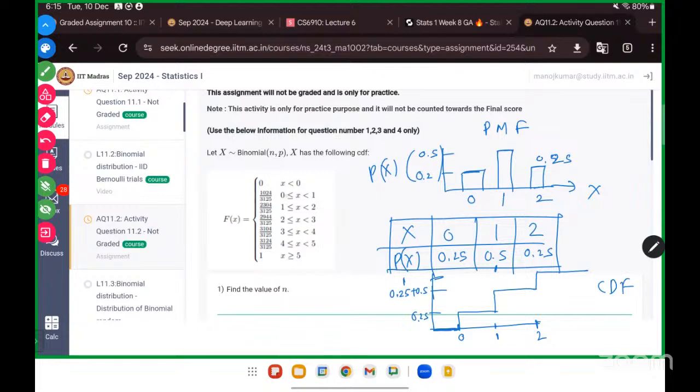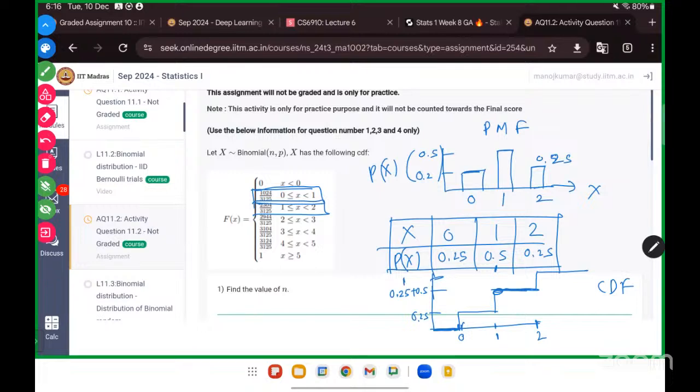So here, when they are saying that x less than 0 is 0, it means this, right? Then from 0 to 1, this is the probability given. From 1 to 2, they've given this. So they are saying 1 to 2 is this.